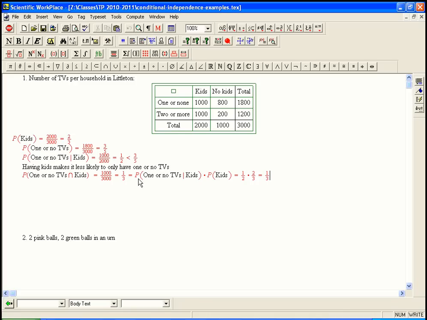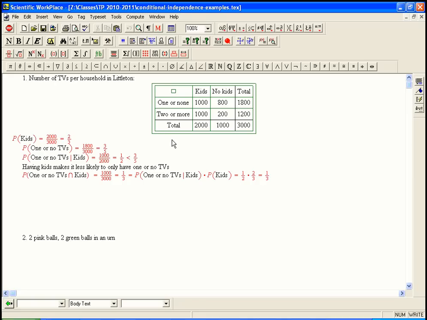Okay. So either way you want to calculate it. This is probably more direct, given that I have all the information in front of me, but this is a little bit more conceptual. You kind of do it in stages. First of all, do I know how many kids households there are? Yeah, 2/3. Now, I've already calculated from among the kids' households which ones have one or no TVs, and you get the same number.